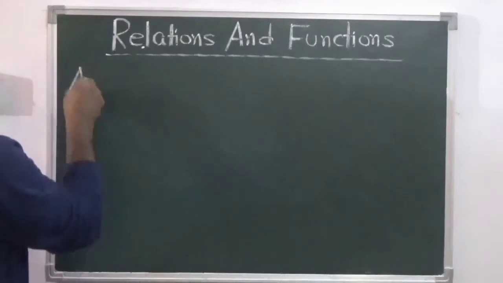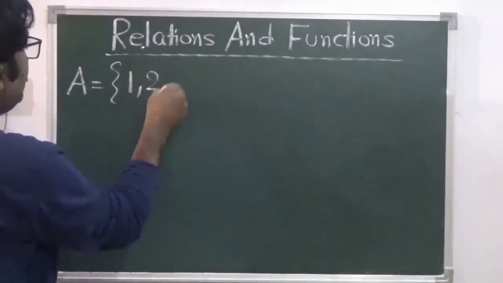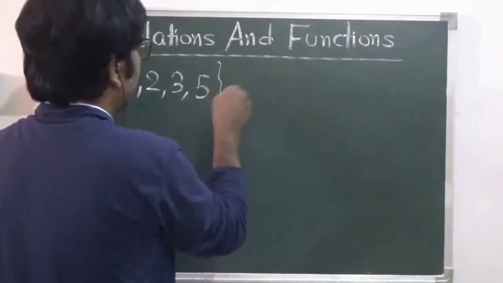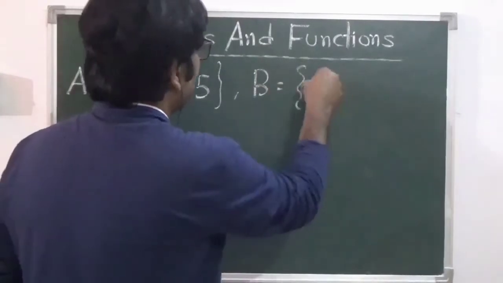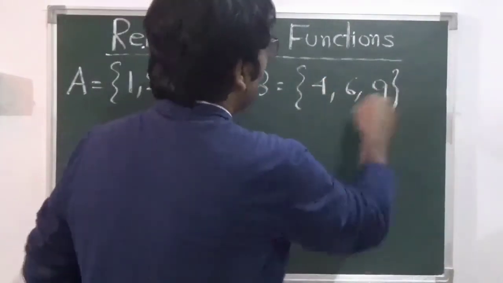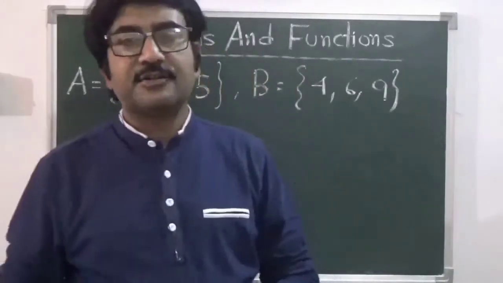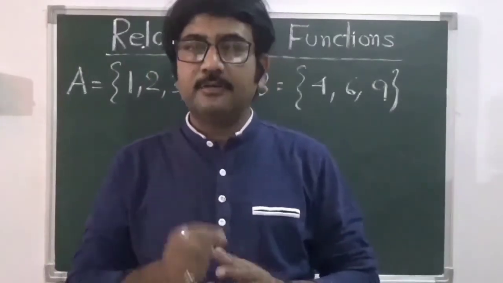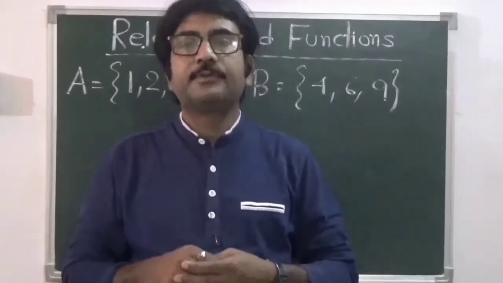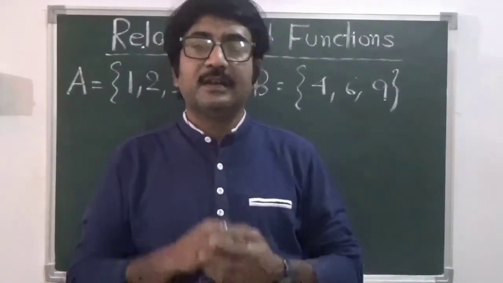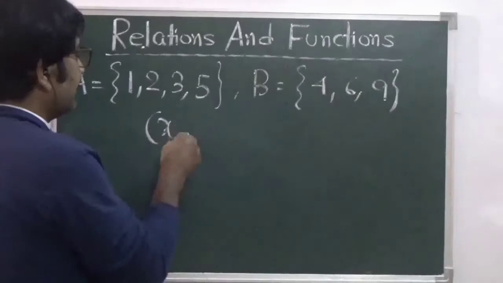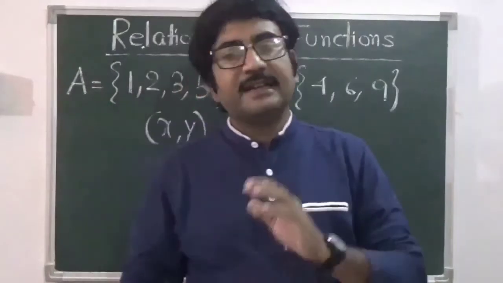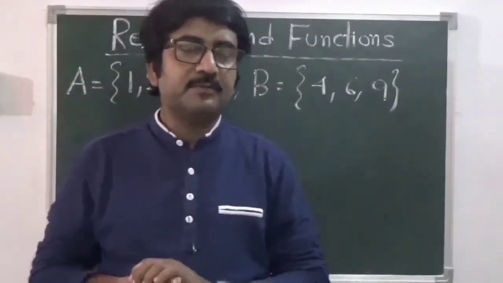So set A is 1, 2, 3, 5 and set B is 4, 6 and 9. Okay. Now R is a relation defined from A to B such that R takes up all those ordered pairs whose difference between the two elements of the ordered pair (x, y), if you consider this as (x, y), is an odd number, and needless to say x must belong to set A and y must belong to set B.